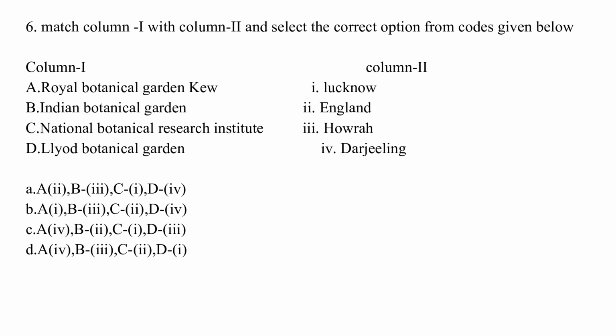The correct answer is option A: Royal Botanical Garden, Kew, is found in England; Indian Botanical Garden is found in Howrah; National Botanical Research Institute is located in Lucknow; and the Lloyd Botanical Garden is found in Darjeeling.